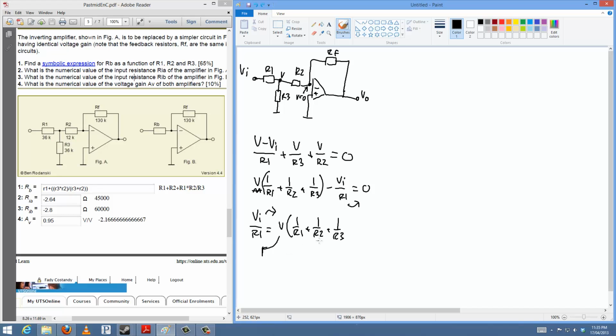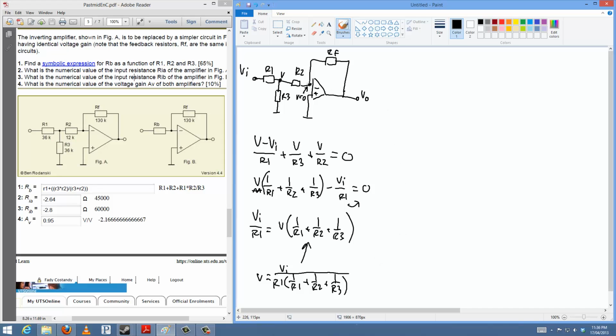My mistake. Divide by this entire thing, you end up with V equals VI all on R1, 1 on R1 plus 1 on R2 plus 1 on R3. Okay. And that seems about appropriate.